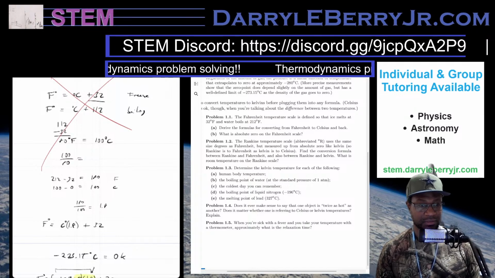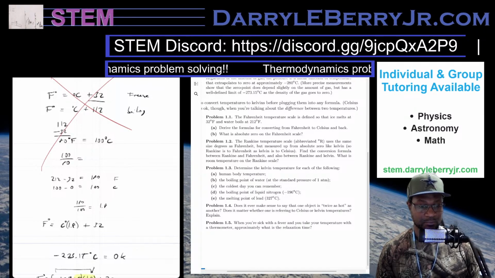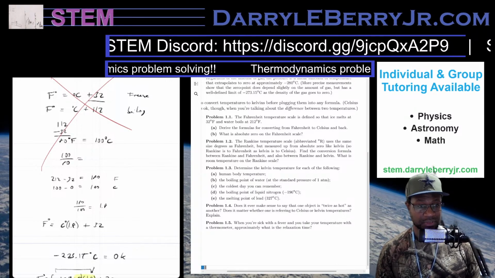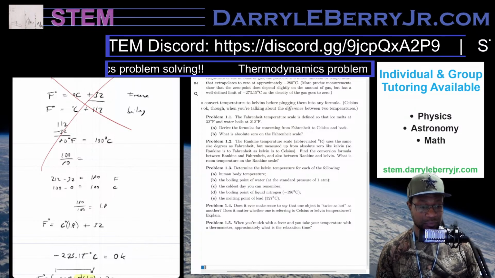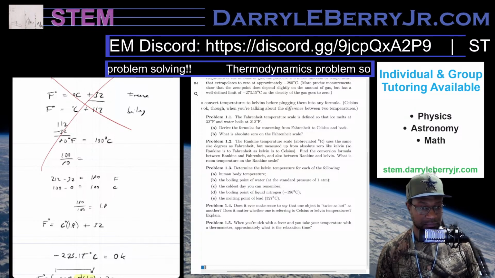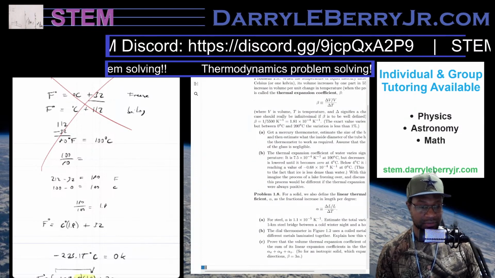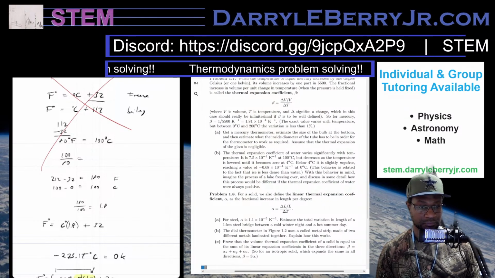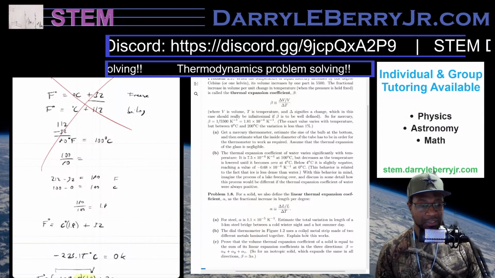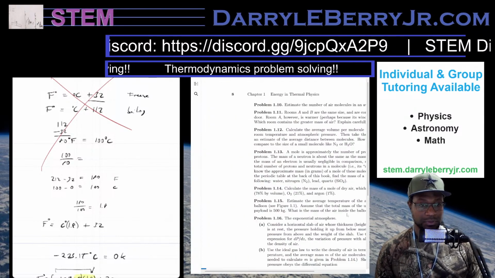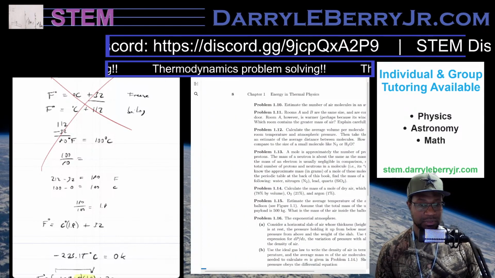Next problem is 1.8. So I definitely want to see what they do for this one. 1.8 is here. Does it go to the next page?